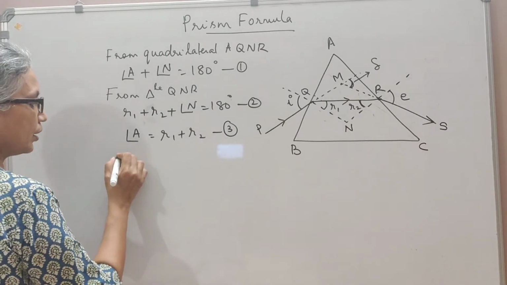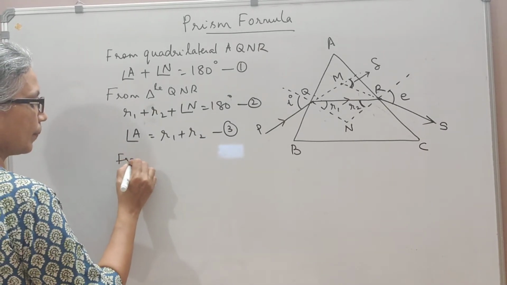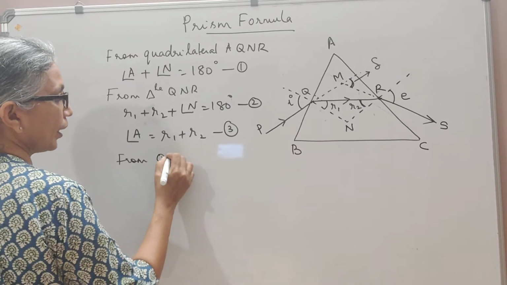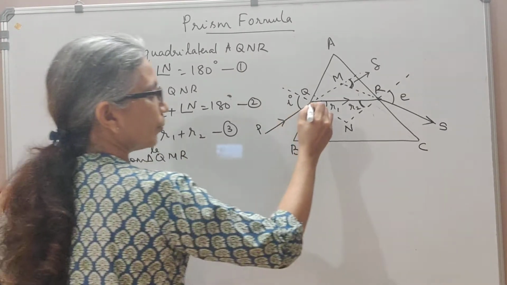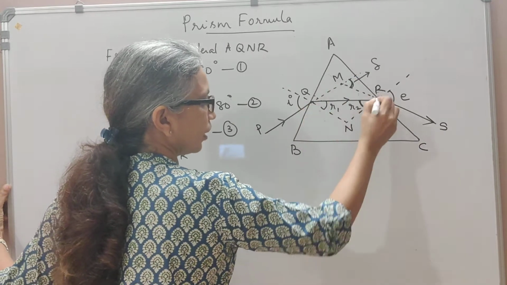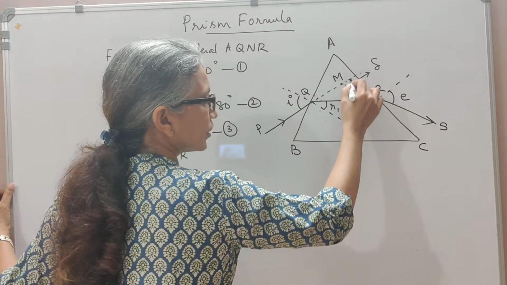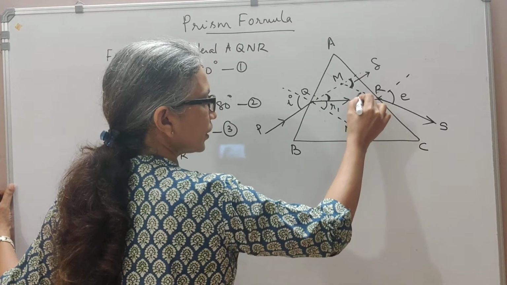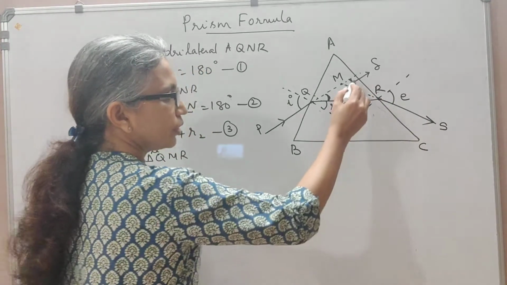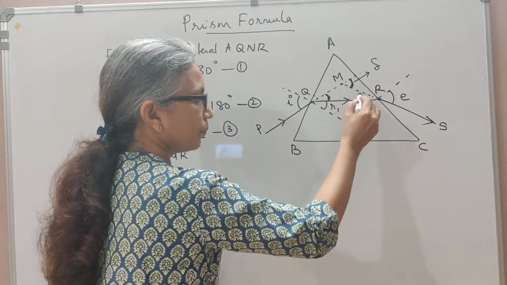Next I am going to look at the triangle QMR, that is this one, Q, M and R. You know that the exterior angle should be equal to the sum of the interior opposite angles. So this delta must be equal to this plus this.